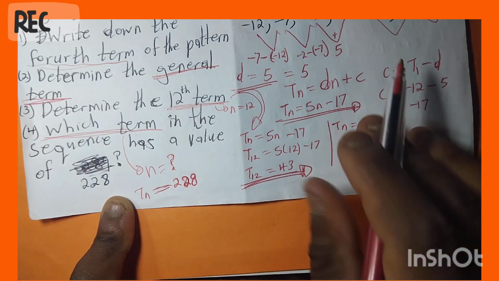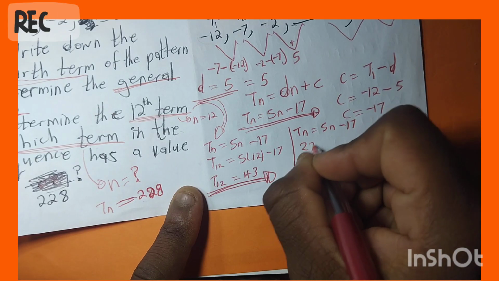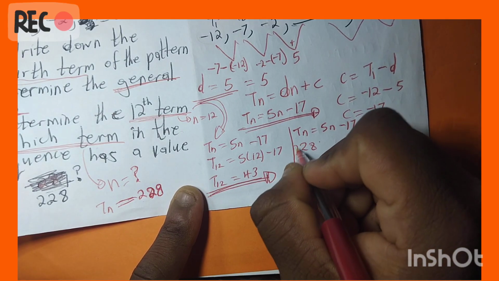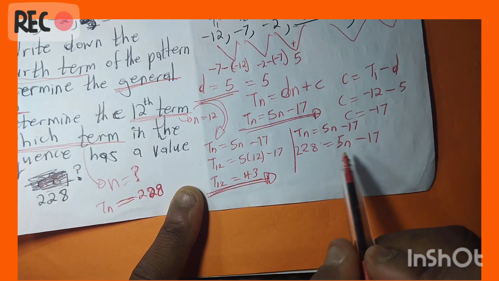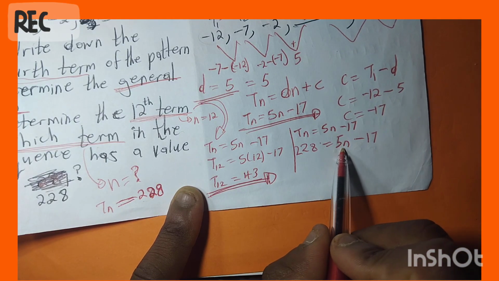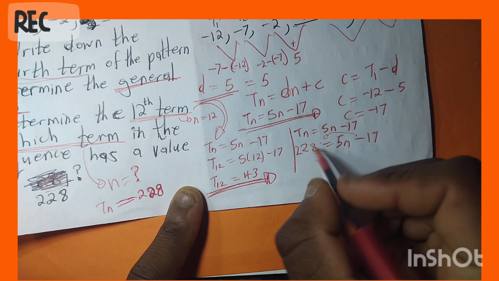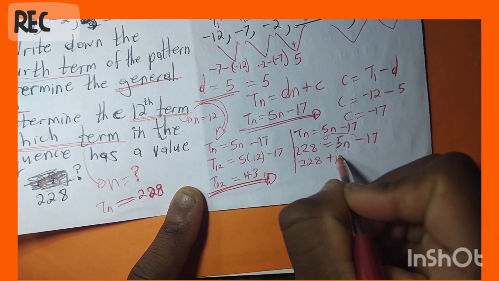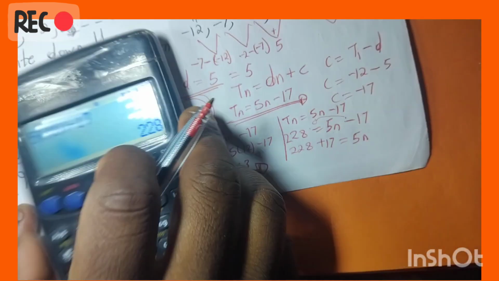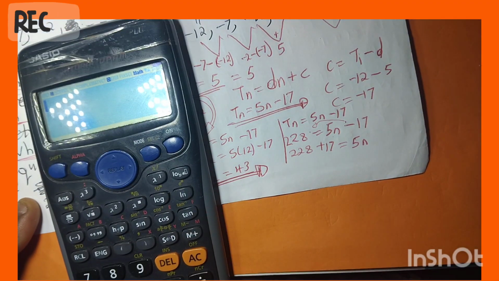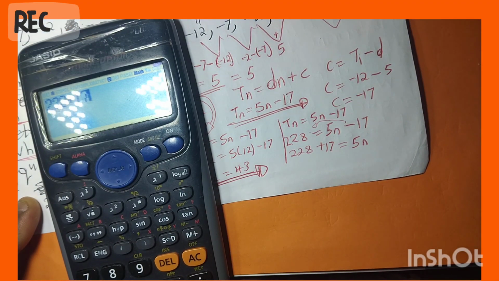So this is what you are given. Now you should solve for n, substitute. This is what they gave you. Then n, you don't know, minus 17. Then you should solve for n, meaning you should make n to be alone. Take this to the other side, it becomes positive. Then press on a calculator to simplify those numbers, 2 plus 17.